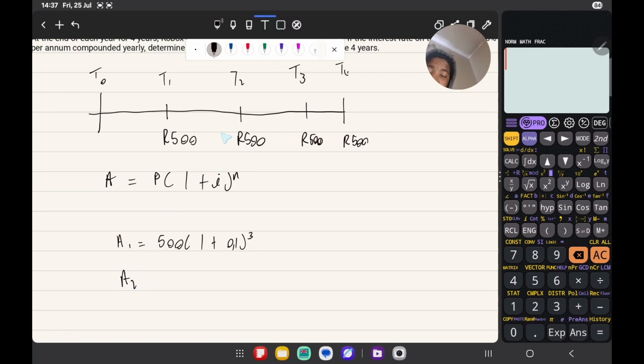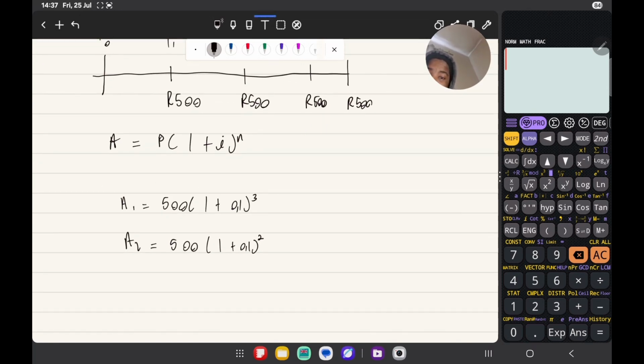Calculate A2. So A2 is just for this 500 rand. This 500 rand will be in the account for year 1, year 2, so its accumulated amount will be this, because it's going to be in the account for 2 years. Let's do the third one.